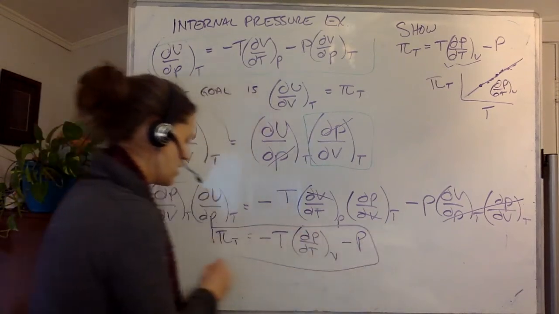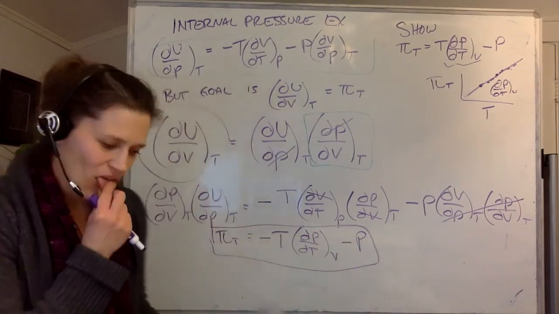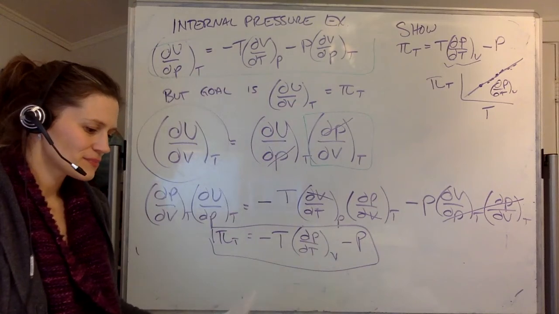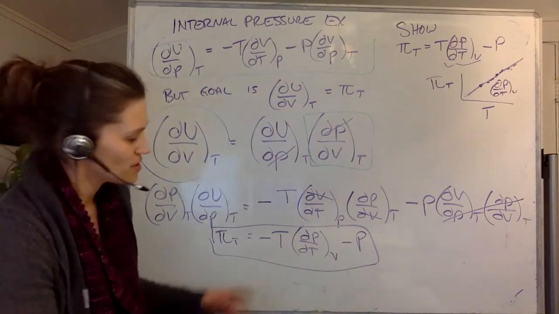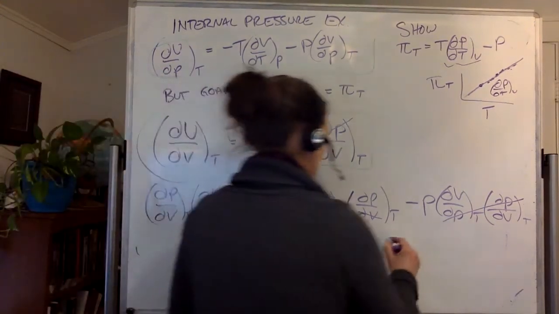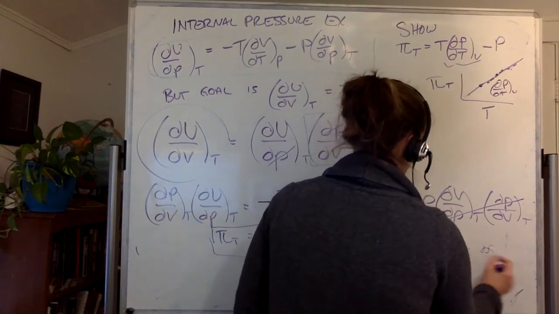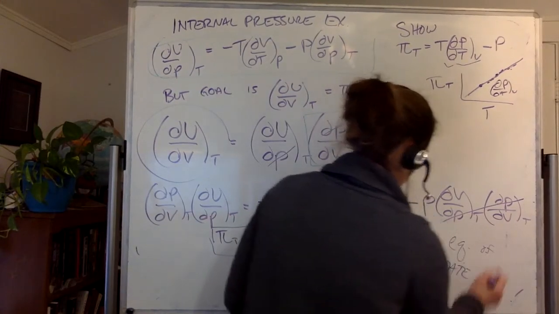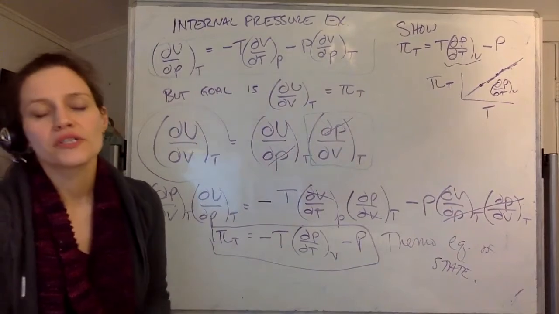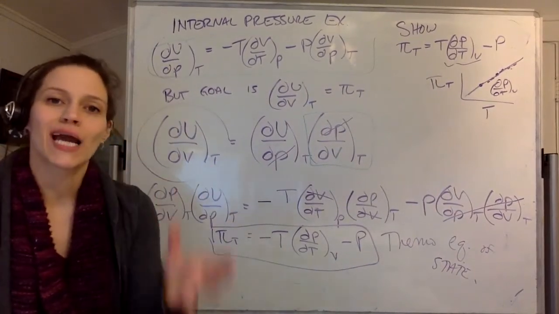Okay, so why does this matter? This matters because this is called a thermodynamic equation of state. And before, the equation of state that we've worked with has been the ideal gas law.